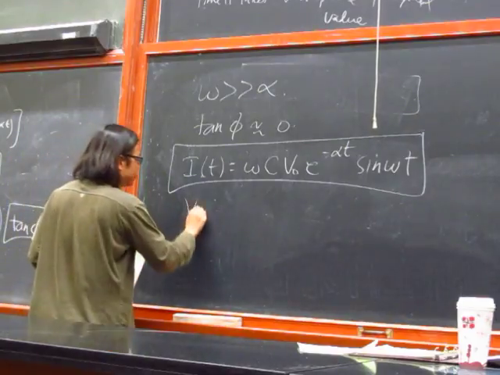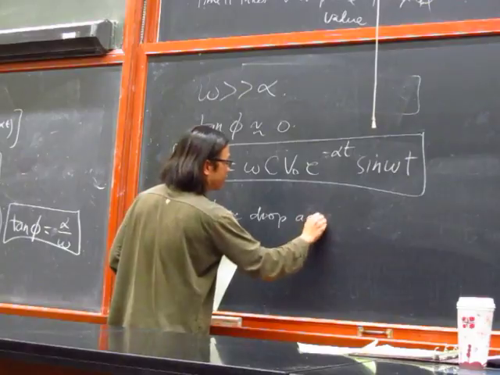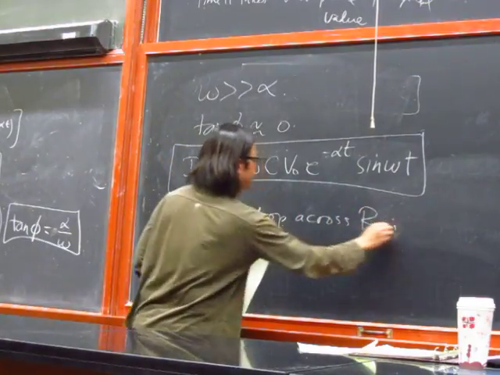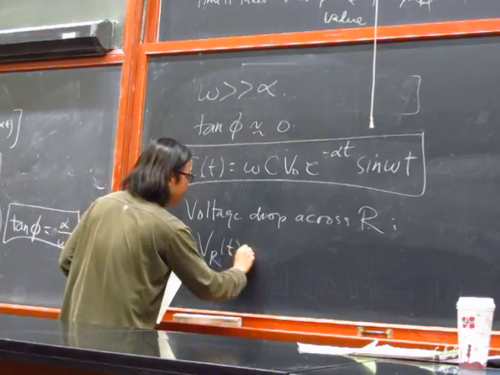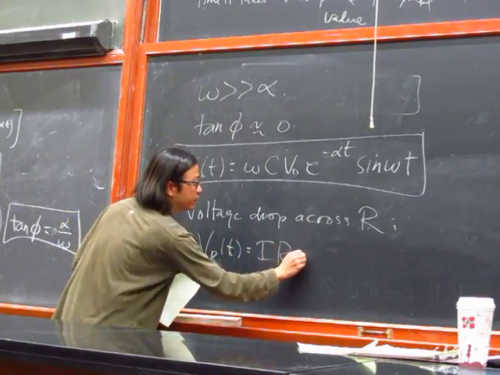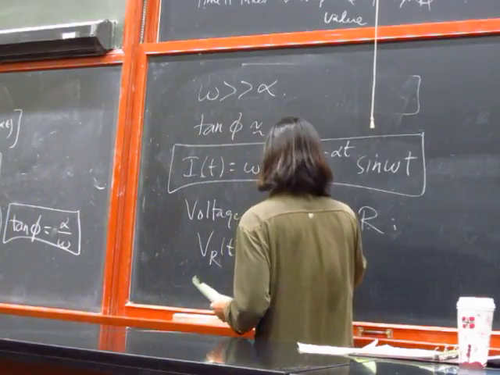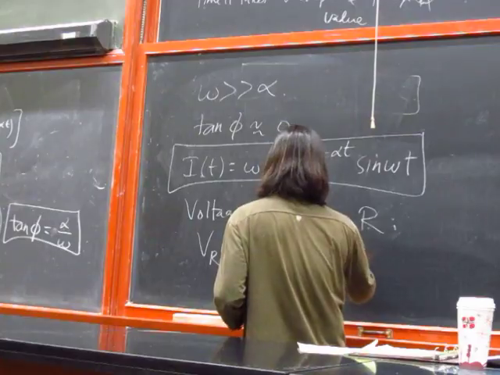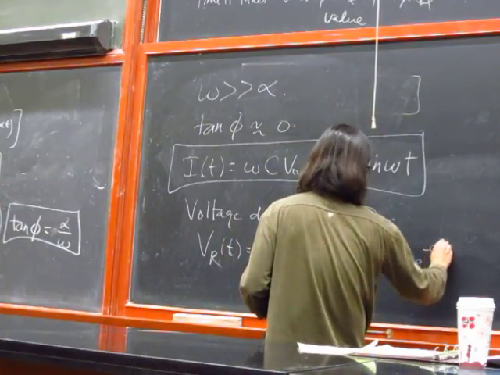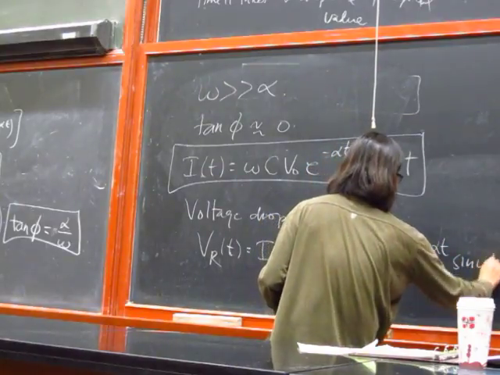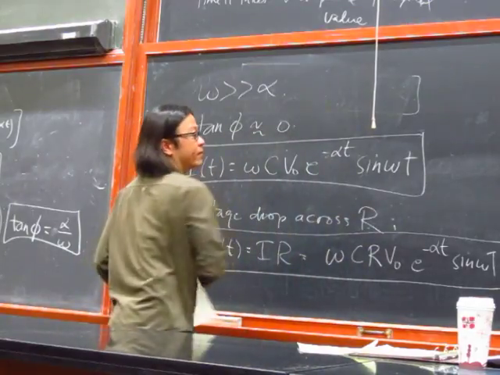So if I look at the voltage drop across R, V_R as a function of time is given by the current times R. So this becomes omega C R V naught e to the minus alpha t sine omega t.